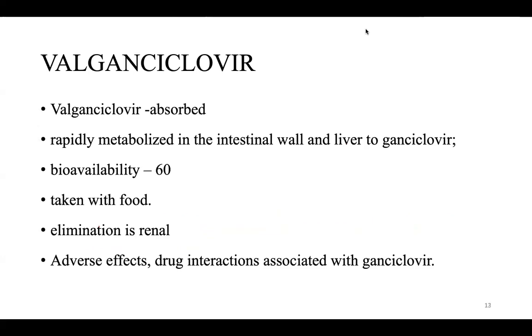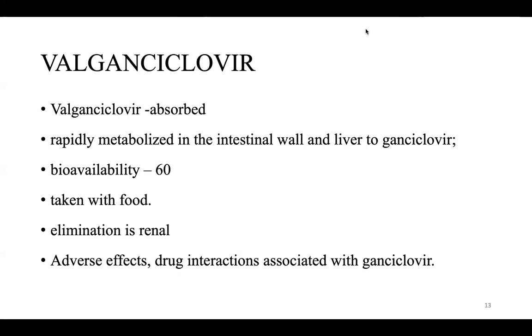Next drug, valganciclovir. It's the L-valyl ester prodrug of ganciclovir that exists as a mixture of two diastereomers. Valganciclovir is well absorbed and rapidly metabolized in the intestinal wall and liver to ganciclovir, and no other metabolites have been detected.